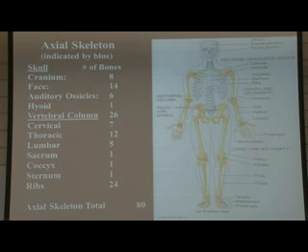We have 3 on each side, so we have 6. And then we have 1 hyoid bone, which we're going to look at on Tuesday, which is a bone here in our neck, and plays a very important role for maintaining the relative position of your tongue and your larynx for respiration.